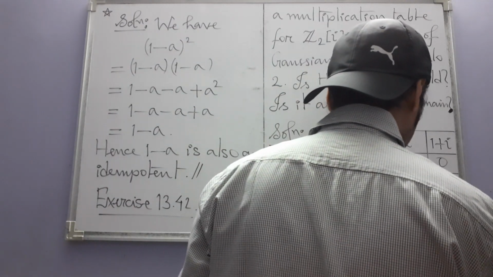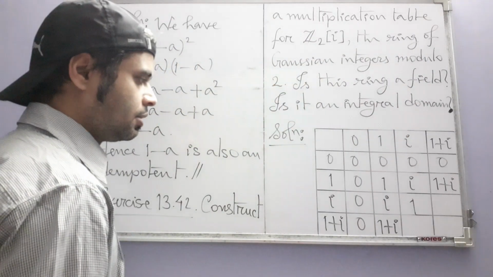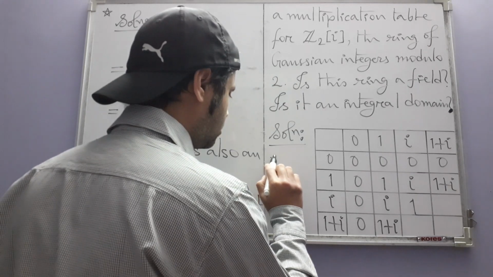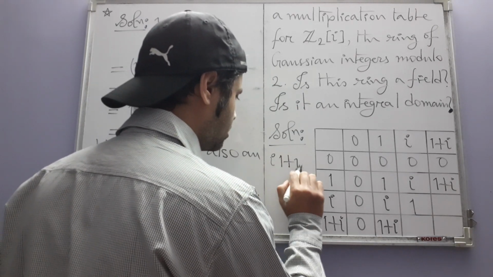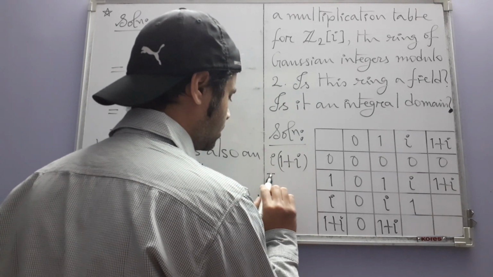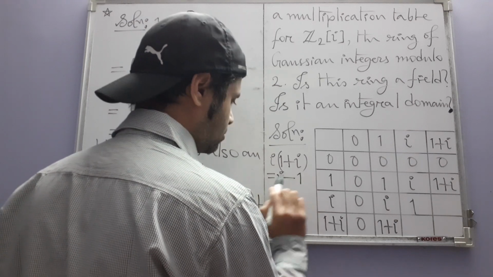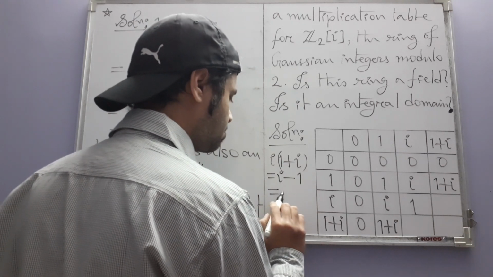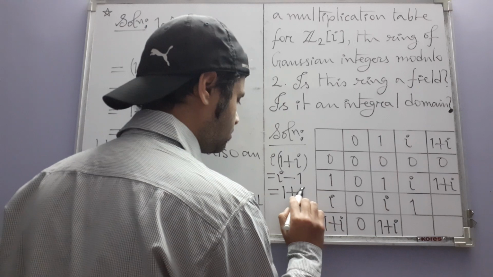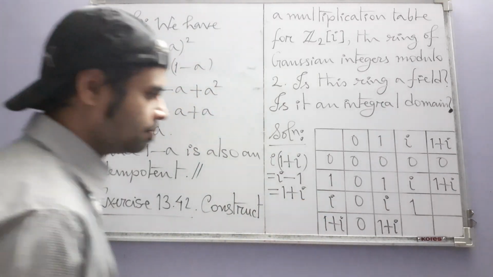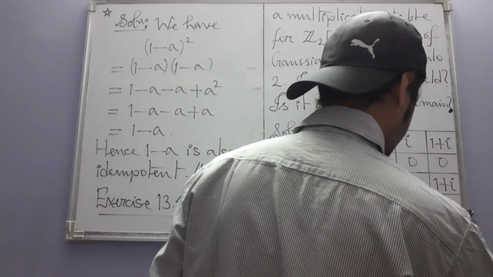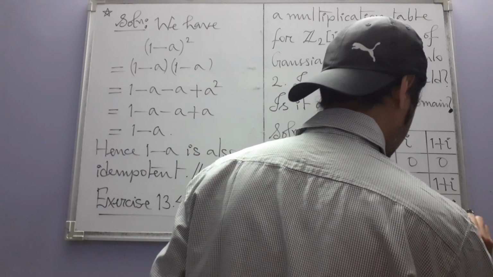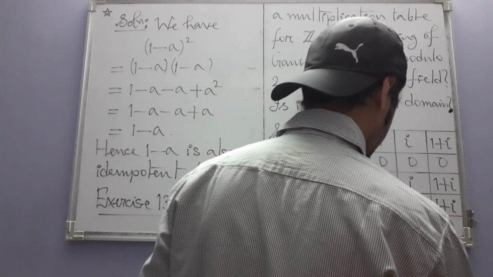So this is 1. Like that, i times 1 plus i is i minus 1, but this minus 1 again is plus 1, so we get 1 plus i. So this one is also 1 plus i.